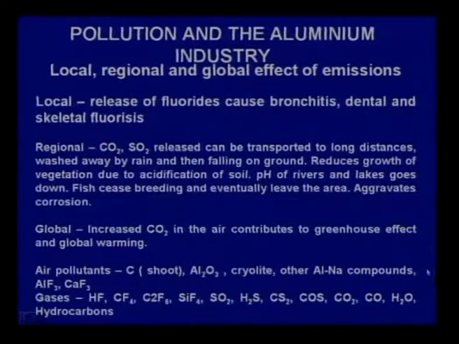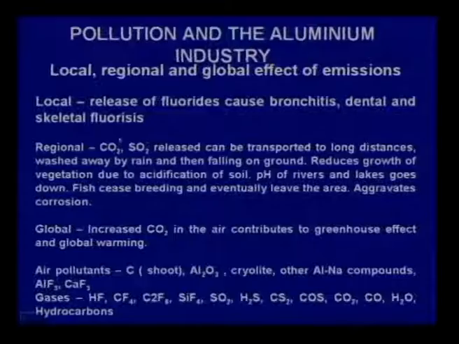Now, if you want to talk about pollution in the aluminum industry, we would again have to discuss the effects in terms of local, regional and global effect of emissions, because their management and their implications are different. What are the local effects, local issues?